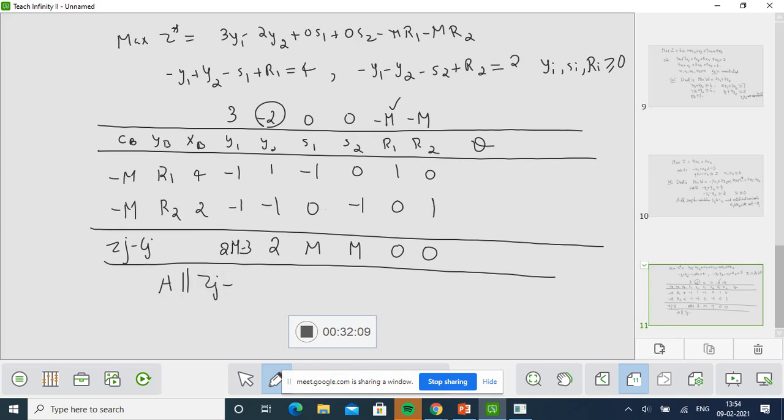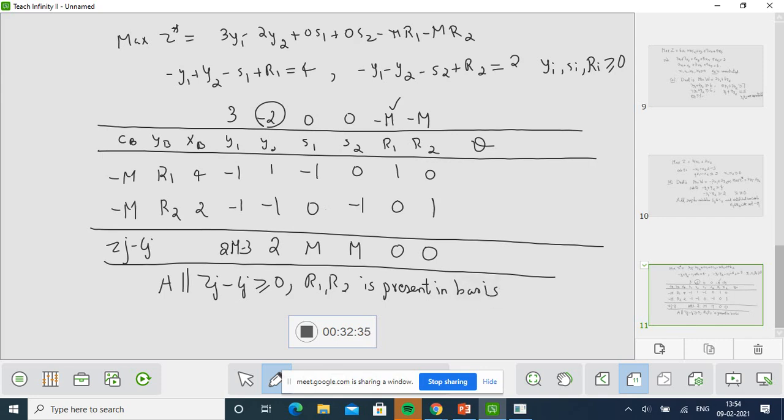I have all Zj minus Cj greater than or equal to 0. What happens? My artificial variables are there in the basis at non-zero level. R1, R2 is present in the basis. It is present in the basis means what?